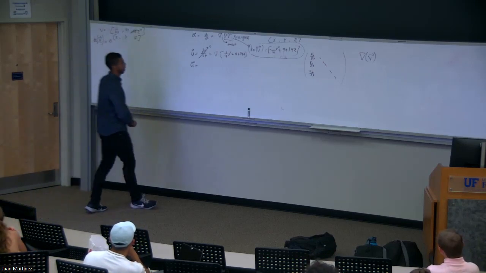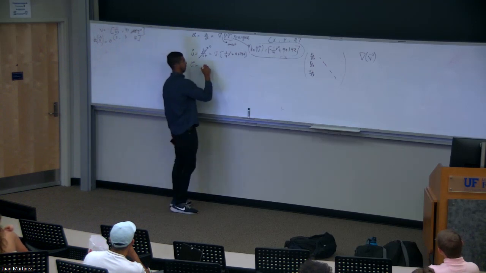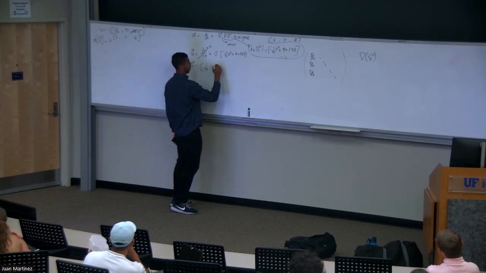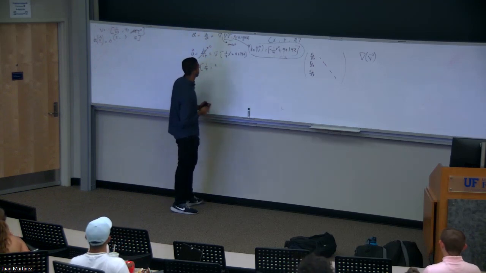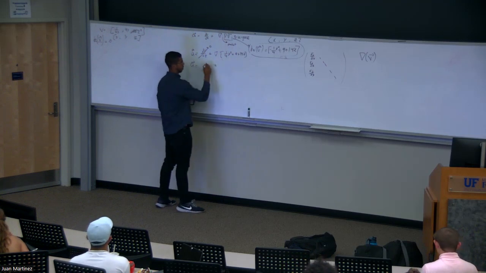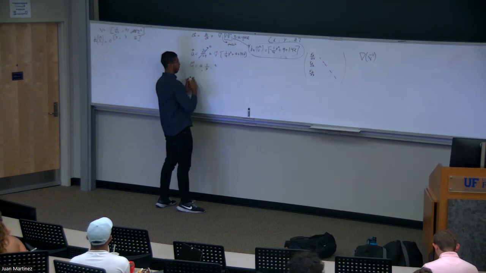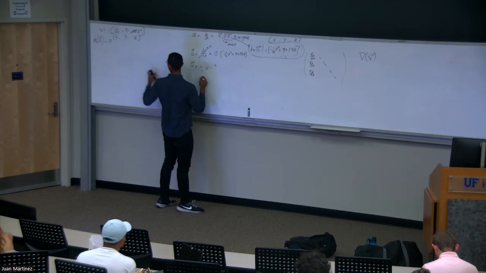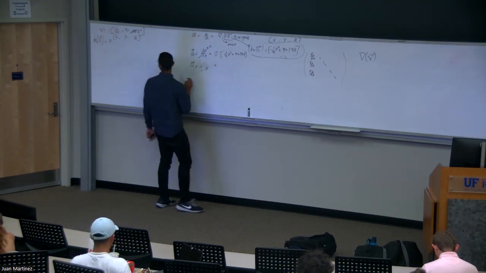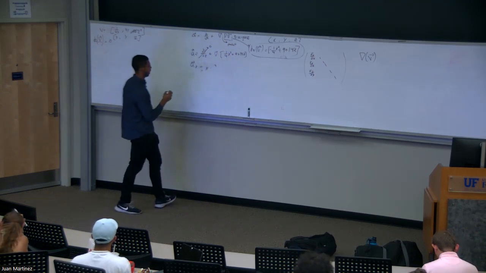So then we have 1 over x. So we can do a_x is equal to basically this times 1 over x.